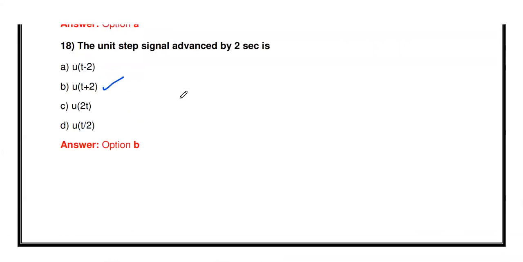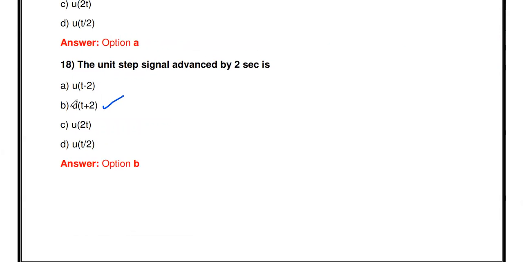Okay, so this u of t minus 1, u of t plus 1, these two are said to be time shifted signals, the actual signal shifted by some amount. Then u of 2t and u of t by 2 are said to be time scaling, that is, the time t is multiplied with some scalar value, 2 here and 1 by 2 there.